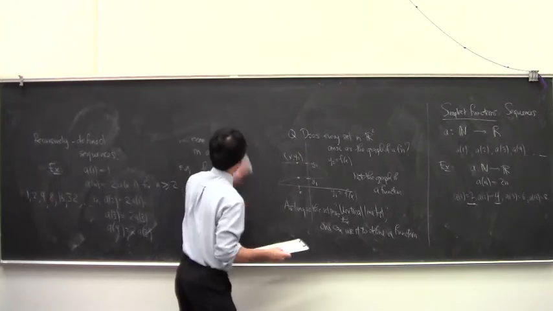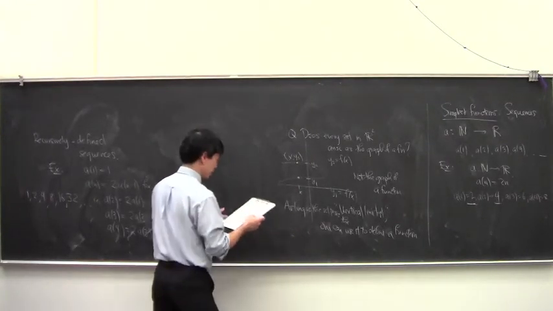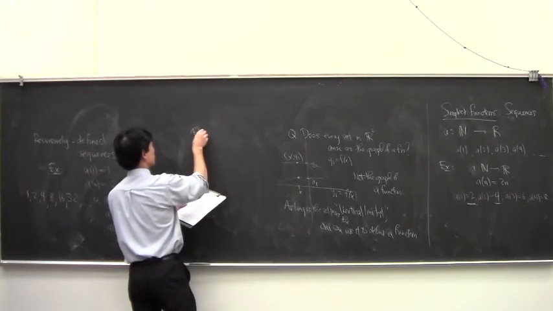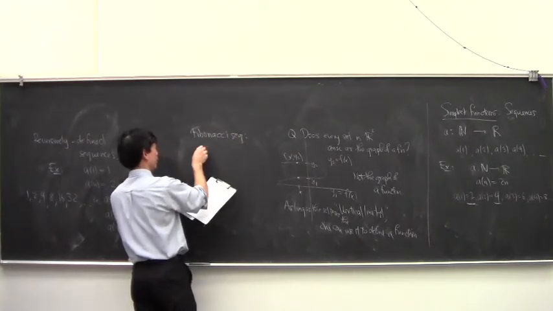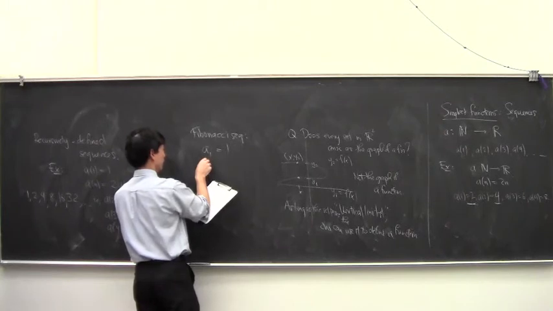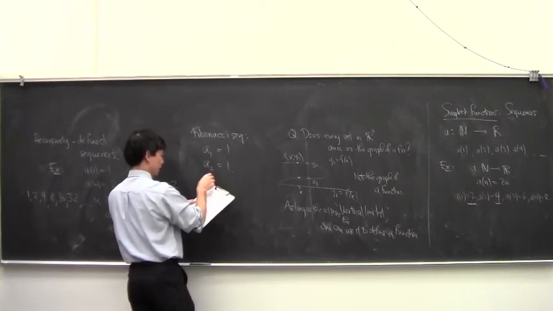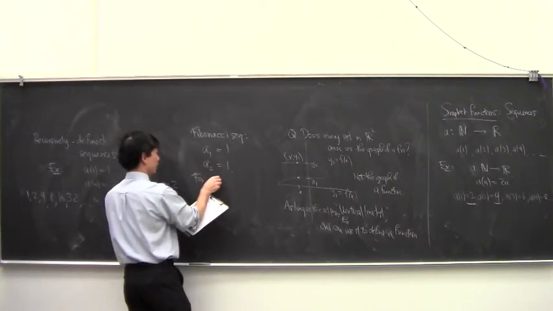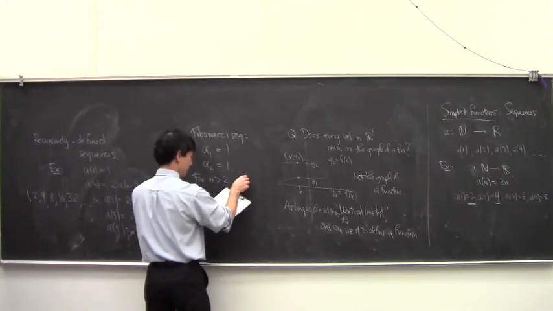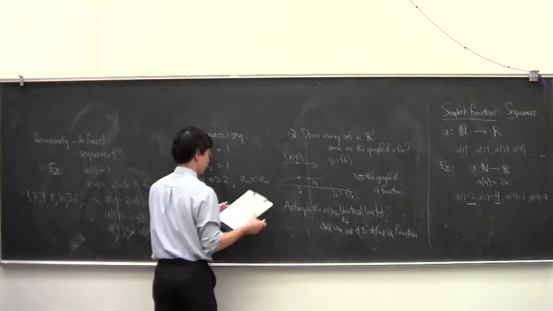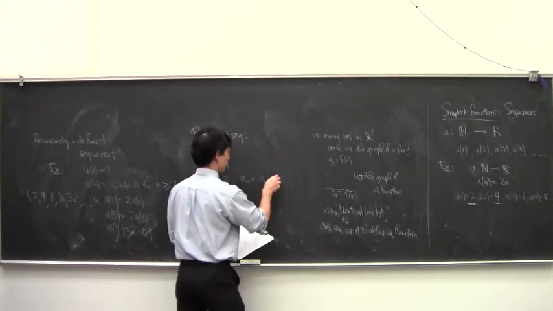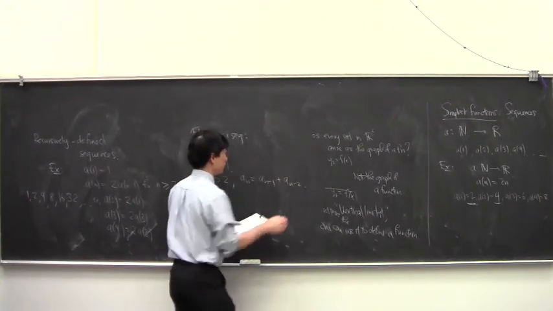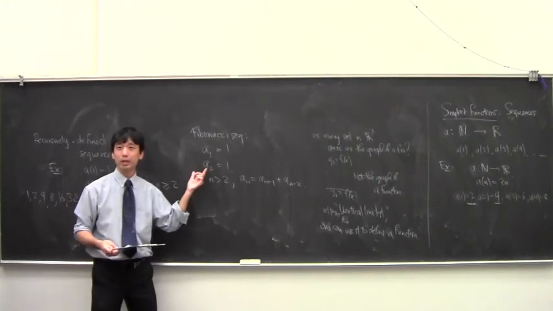Or you've undoubtedly seen the Fibonacci sequence. Maybe you haven't. A1 is 1, A2 is 1, and for n bigger than 2, A_n is the sum of the two previous terms.